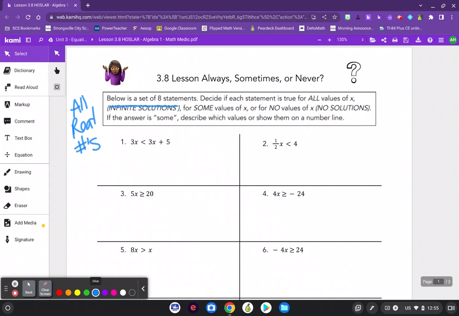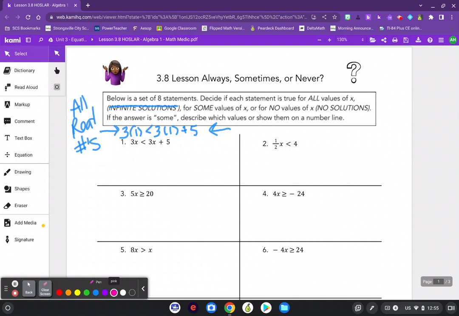This first one says 3x is less than 3x plus 5. And I'm thinking to myself, well, if I pick any number, let's say 1, and I substitute that in for x, then adding 5 on this side is always going to make it bigger than not having anything added onto this side, right?